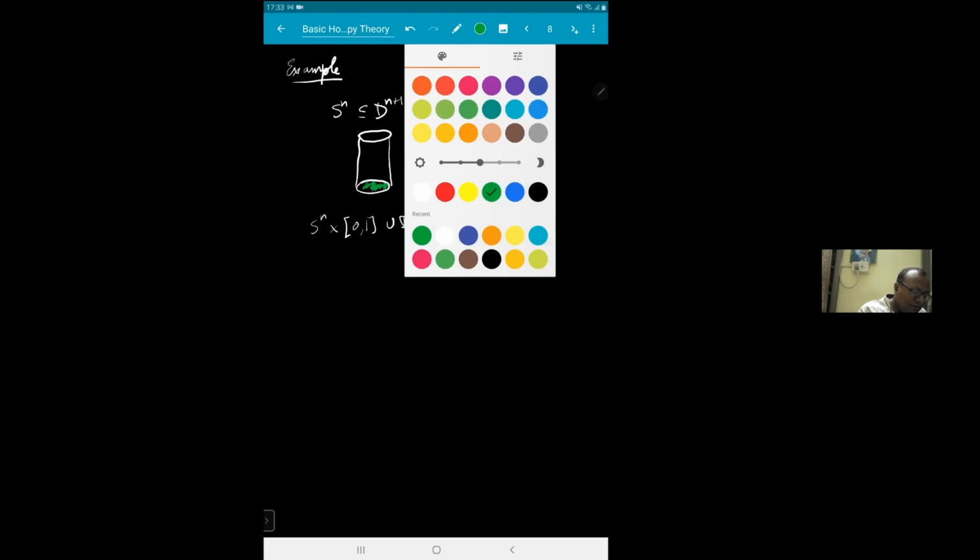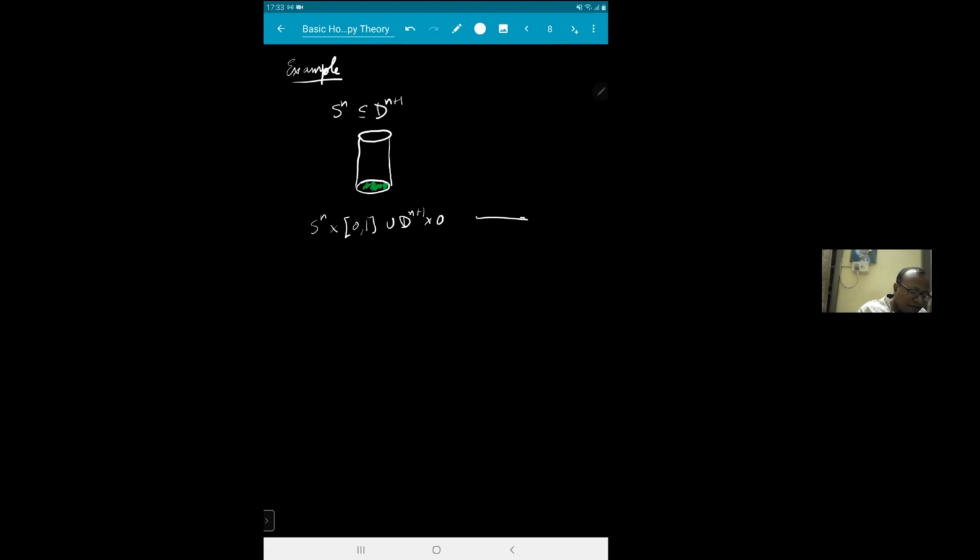And this inside Dn+1 cross [0,1] would look like, again, the filled tube. So the entire thing inside I should fill up with the green color. Okay. And so this should be a retract, and now you see that it's easy to make this a retract. You just pick a point on top, and you look at the straight line projection onto this thing.